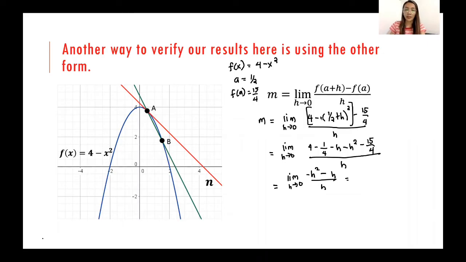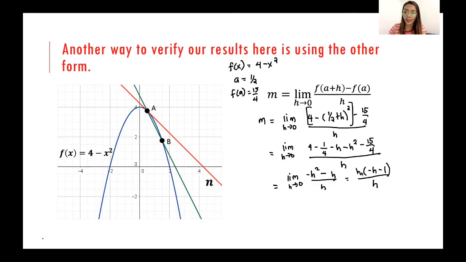Since may negative sign pala dito sa labas. Okay, so we have here negative h squared minus h. So since common yung h sa kanilang dalawa, so we can factor out h. So it will become negative h minus 1 over h.